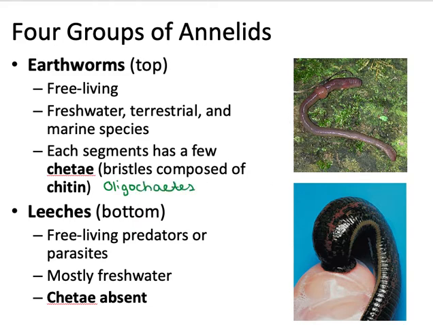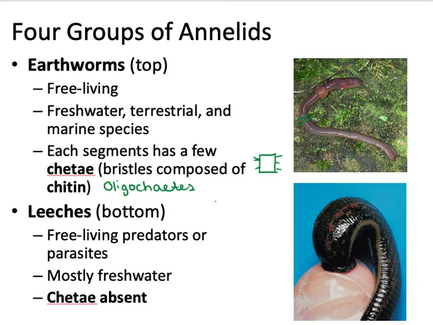So each segment of an earthworm, I'm going to just draw this out right here. Let's say this is a segment of an earthworm. They have a few bristles coming out of each side. These bristles are called chaetae, and that's why we call them oligochaetes.